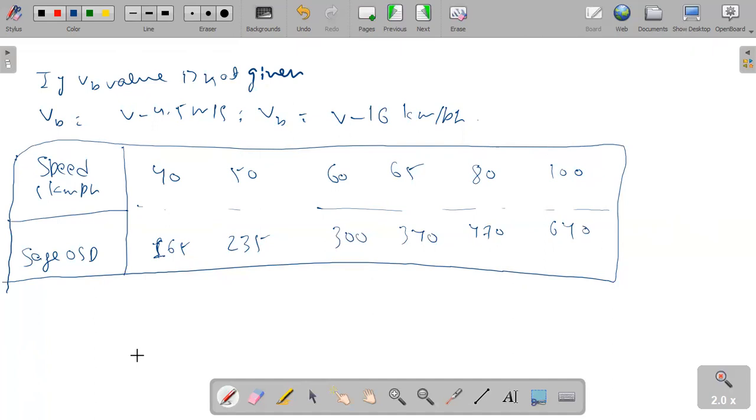And one more basic thing in overtaking distance.